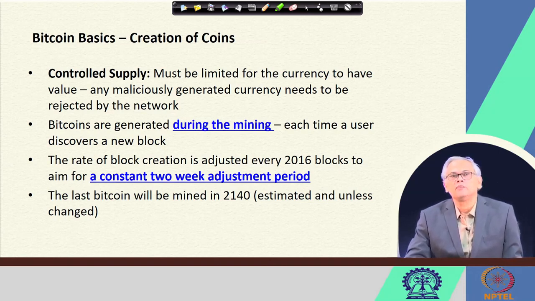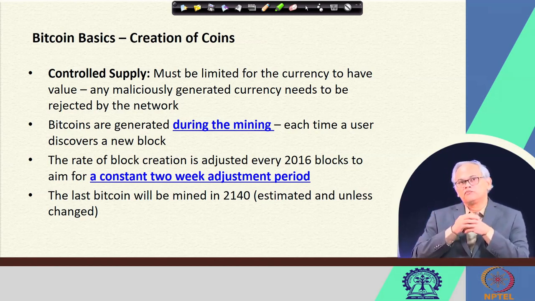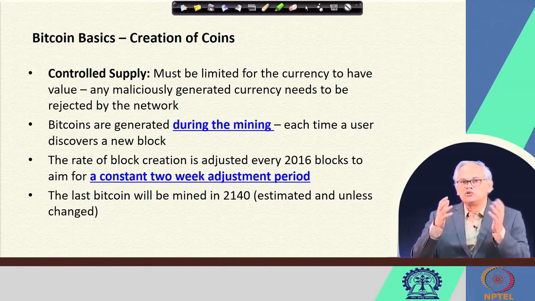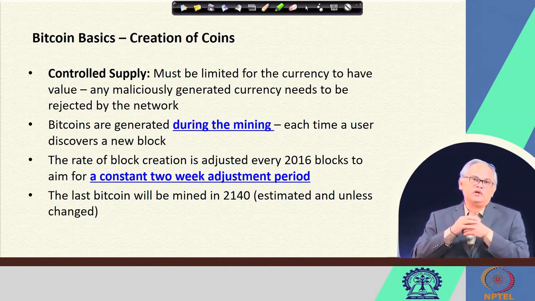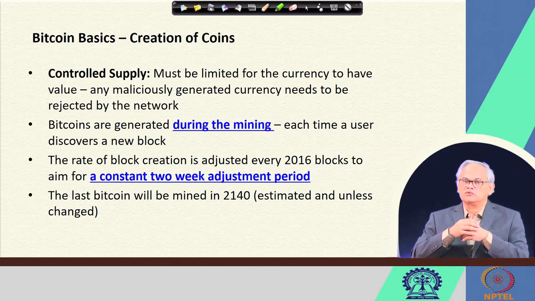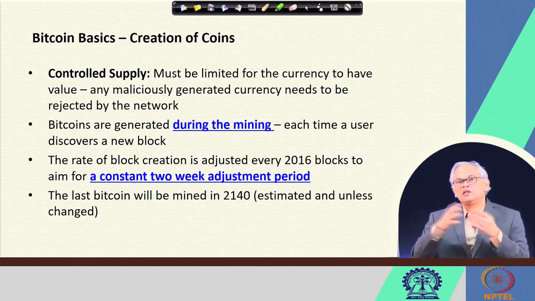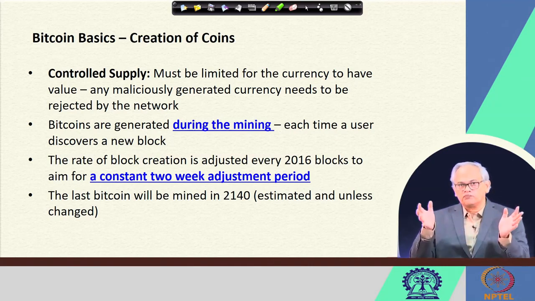So, that means that every time a new block is created, typically it is assumed that it will take roughly about 10 minutes on average to mine a new block in Bitcoin. That was something set by Satoshi, and the amount of computational power you have today and what existed at that time are completely different.